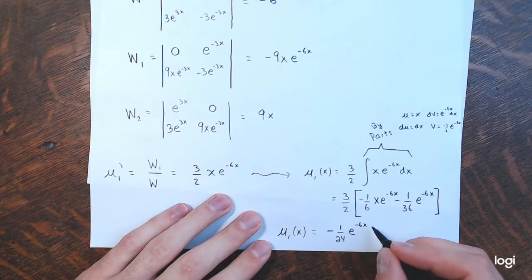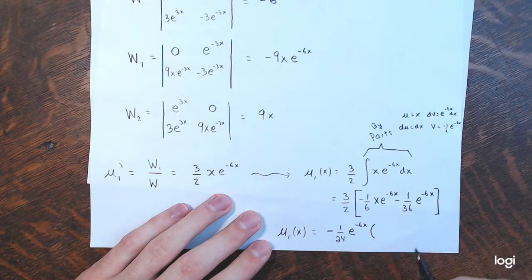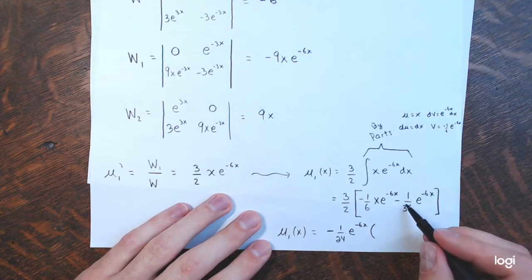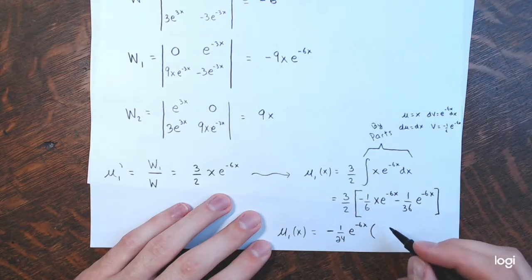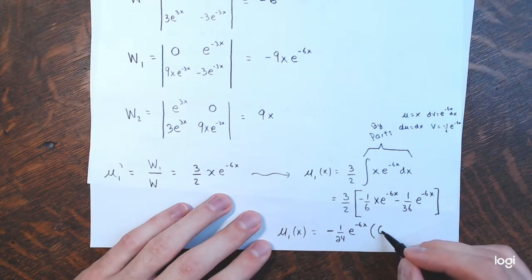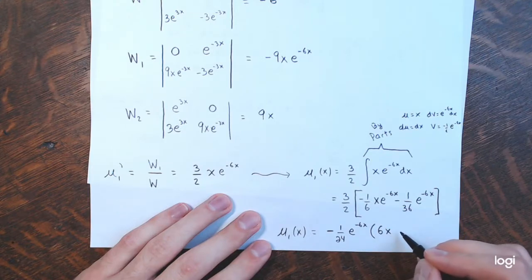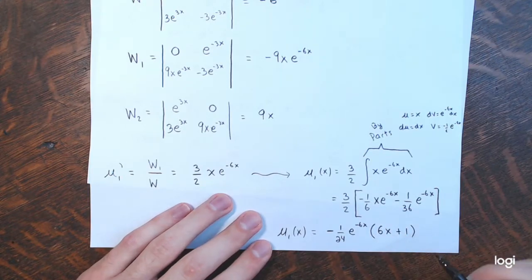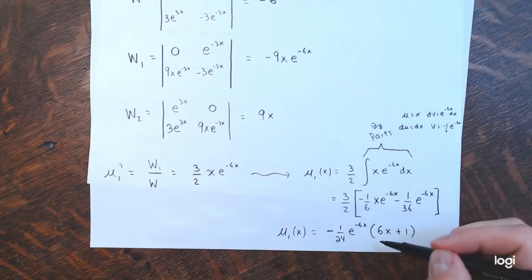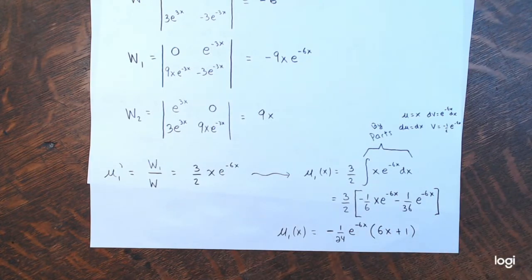I'll pull that out as well. And if I pull out negative 1/36, this first part would be 6x plus 1. Right. So I personally like that. So there's u1 of x right there.